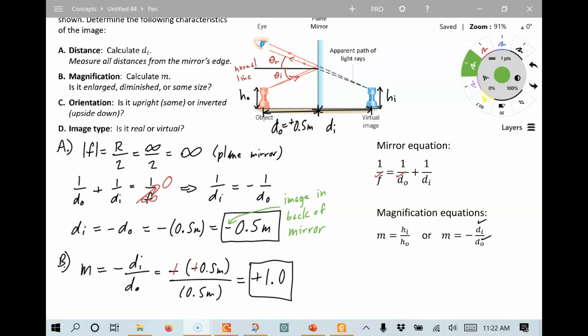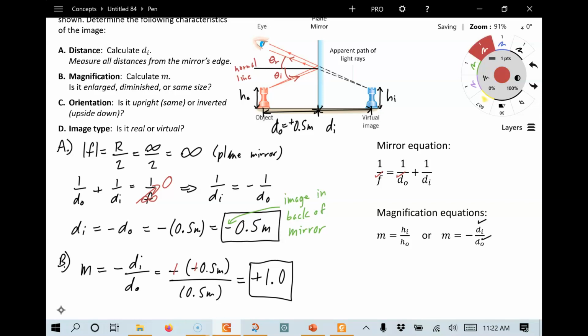Now the sign of the magnification and the magnitude, the number, both have a meaning. So we've been asked here in part B, is the image enlarged, diminished, or the same size? Usually we think of magnification as getting bigger, but it actually can be smaller, same size, or bigger. And so we're going to use one of these 3 possibilities.